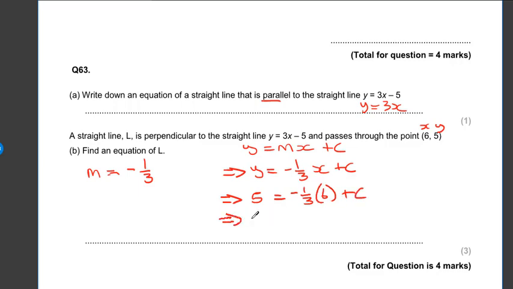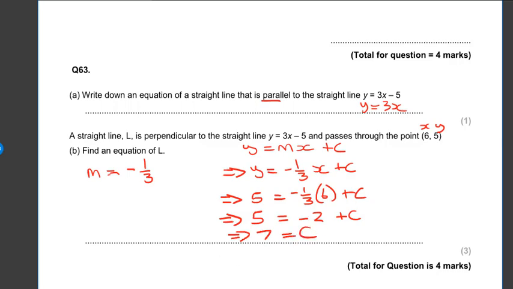That implies, again, you guys are jumping 2 steps ahead when you're doing this, and you made so many mistakes. 5 equals 6 times that. 6 divided by 3 is 2, so that's minus 2 plus c. When you bring that across, it becomes plus 2, so that implies 7 equals c.